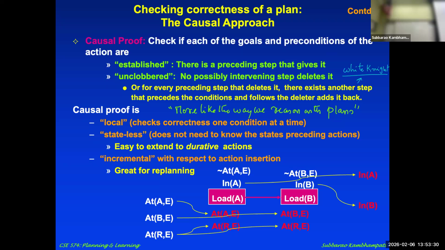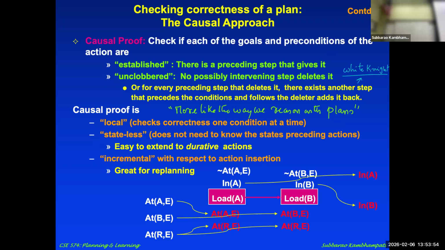So one way of thinking about these kinds of things is S infinity really gives a fake effect called done, D for done. And if you get D for done, the plan is correct. But for S infinity to say done, it needs its preconditions. The preconditions are the problem's goals.